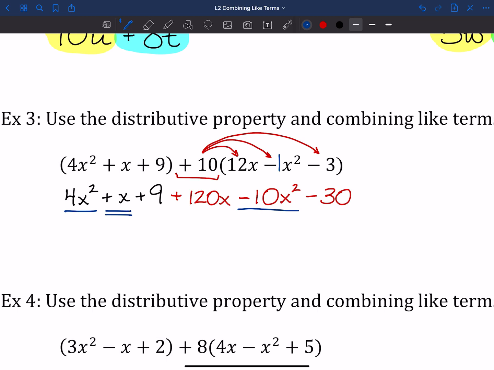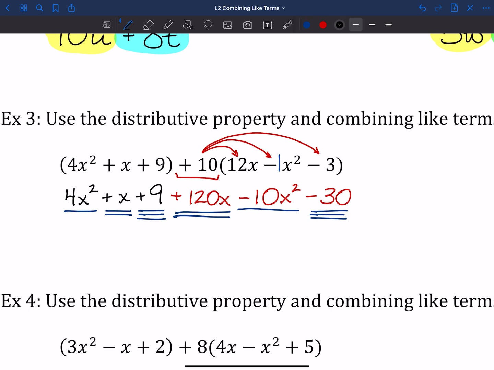This x by itself matches up with these x's that don't have an exponent on them. They're just regular old x's. And then this 9 matches up with this negative 30. All right, so that is another way that we can identify which ones are like terms. Obviously, the highlighters might be a little bit clearer if you have them, but this is an okay way to do it as well.